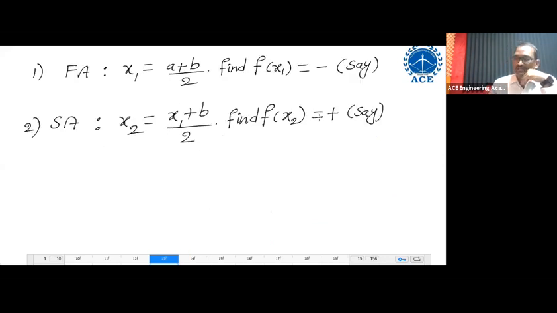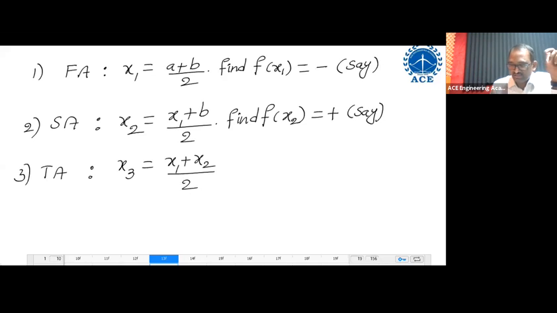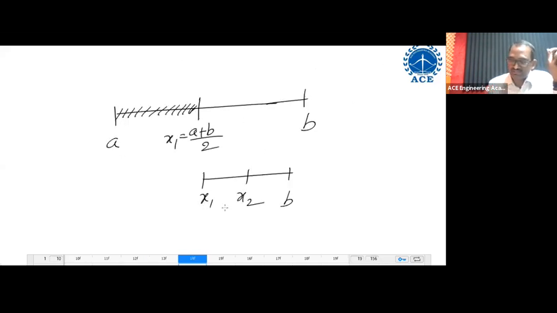Now observe, if I assume f of x2 is positive, where do you get the latest opposite sign? At x1. Now f of x2 and f of x1 are of opposite signs, so the root lies between x1 and x2. Therefore, the next approximation is the average of x1 and x2.